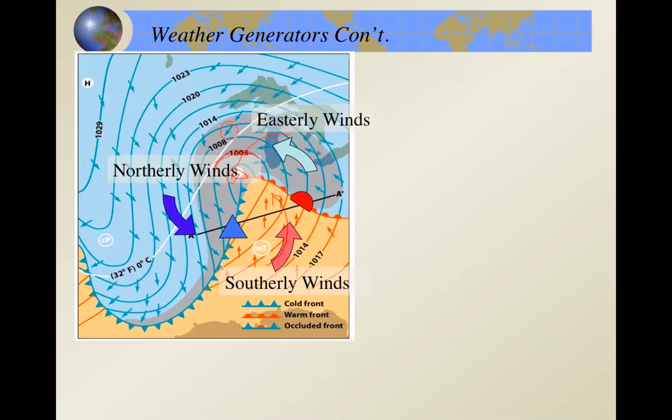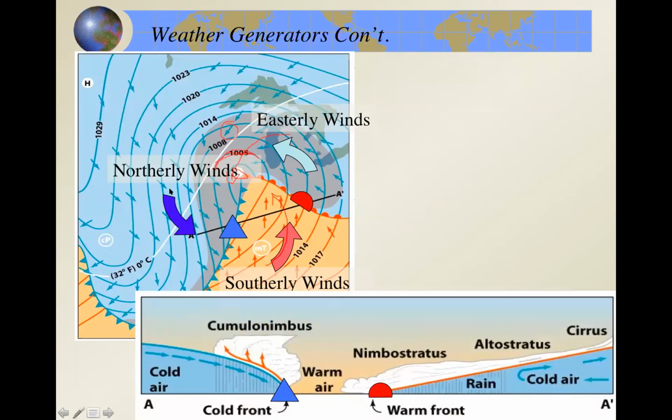But to really understand the weather that accompanies these moving air masses, we have to look at them from the side. So this line from A to A prime is going from here to here, but now this direction is the vertical direction, not the horizontal.